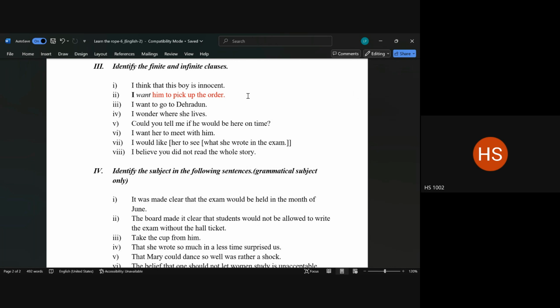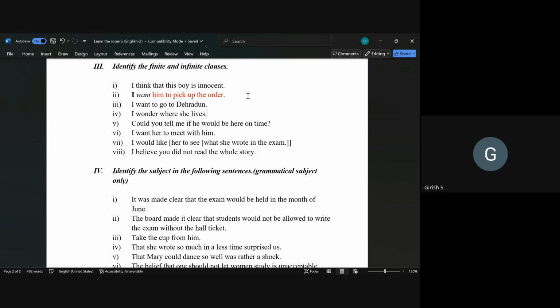This doesn't carry tense on it, hence this particular clause is infinitival. So I want him to pick up the order is also an example of an infinitival subordinate clause. Next one, I want to go to Dehradun.